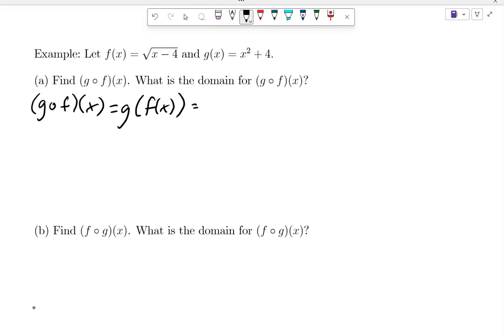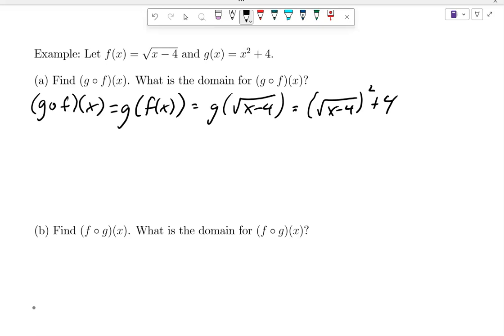f of x in this case is root x minus 4. We plug in root x minus 4. What do we get? So again, take out the x, put in root x minus 4. So we get root x minus 4 quantity squared plus 4.